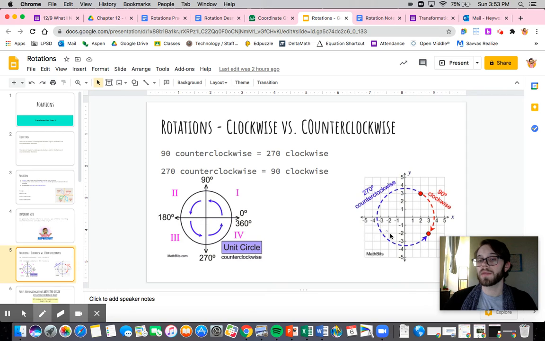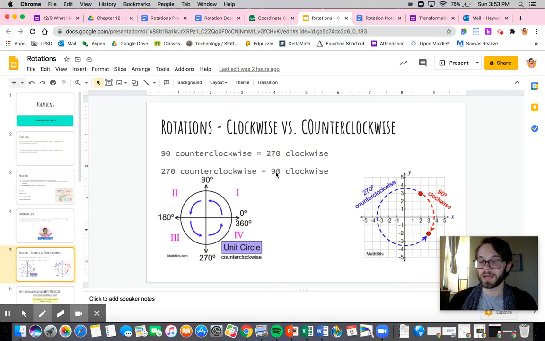So if you go 270 degrees counterclockwise, it's the same as if you just went 90 clockwise, right? Because remember, 270 I said was the same as moving three, so one, two, three, and then 90 was the same as moving one, so they end up in the same spot. So 90 degrees counterclockwise is the same as 270 clockwise, and then 270 counterclockwise is just 90 clockwise.